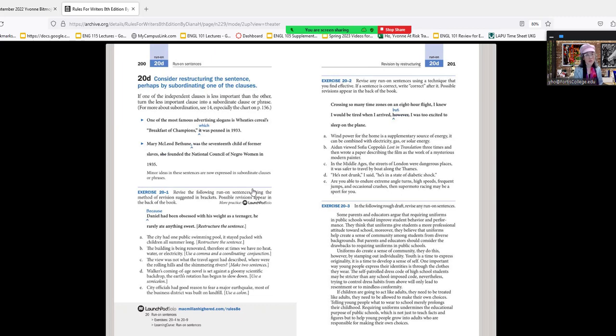Consider restructuring the sentence, perhaps by subordinating one of the clauses. So you can add a subordinating conjunction to one of the sentences if one of the sentence's ideas is less important than the other. So if one of the independent clauses is less important than the other, turn the less important clause into a subordinate clause or phrase.